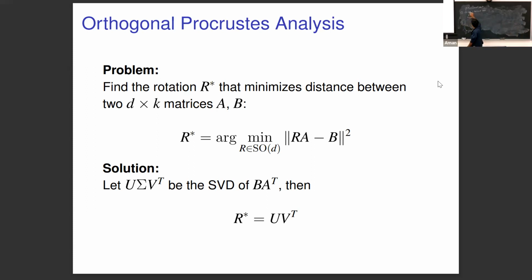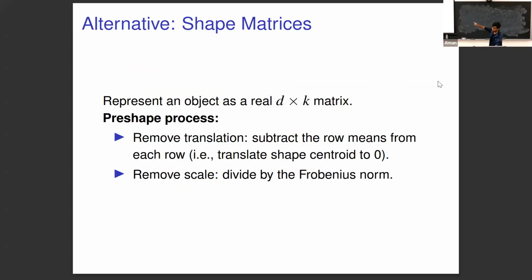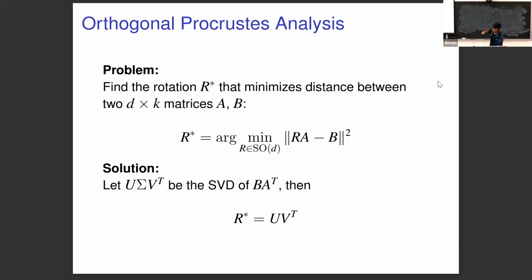You do the same process with two shapes A and B. And then what we want is a value for the rotation such that when we rotate A, because we've already removed scale and translation in the previous steps, all we need to do is align the rotation so that both objects are aligned to each other. So what we want is an ideal rotation matrix R star, which would reduce this value.